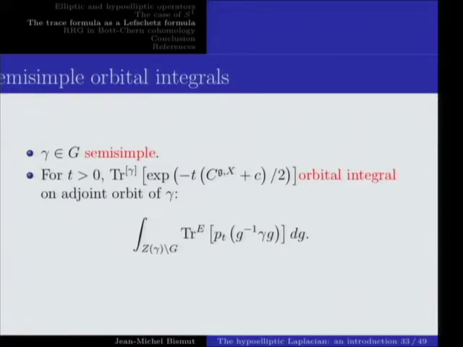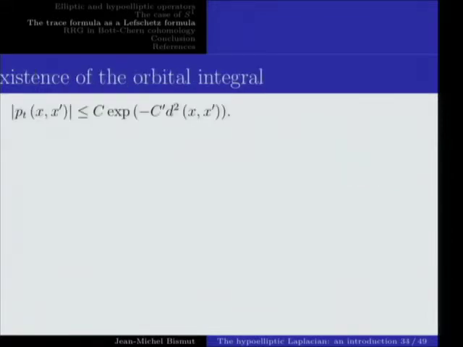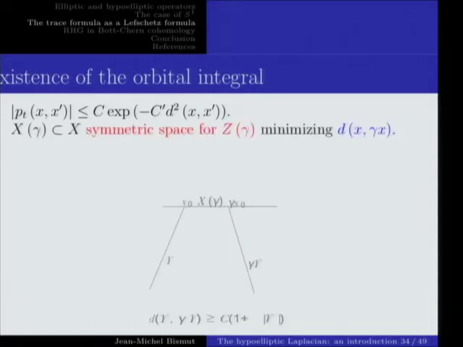This can be made sense of, so this is what you're interested in. One can understand why it makes sense from a geometric point of view, because you introduce X of gamma, the symmetric space associated with the centralizer of gamma.